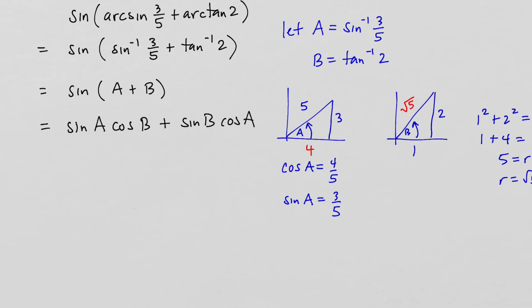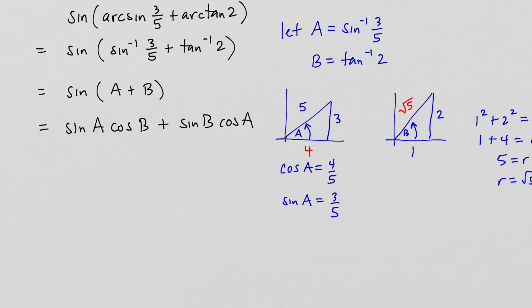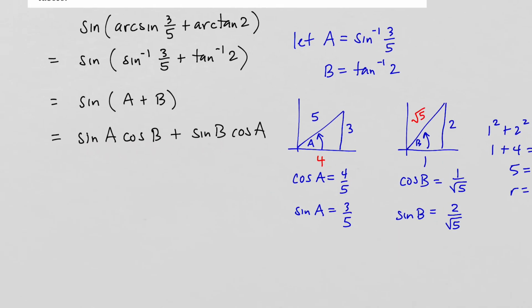Once we solve for that hypotenuse, we can now give the values for cosine of B and sine of B. Cosine of B is the adjacent side over the hypotenuse, and sine of B is the opposite side over the hypotenuse. And now we just take these four values and substitute them into the expression.